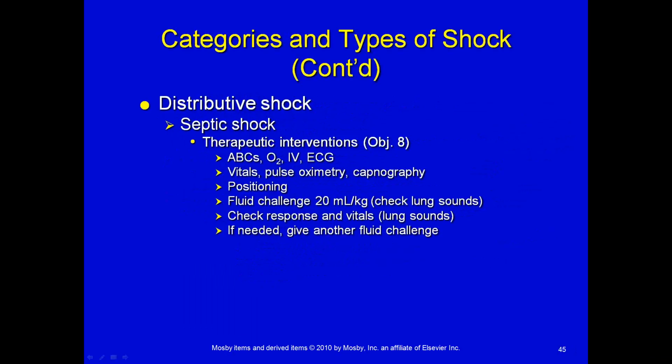It's called third spacing. So now your bucket that is twice as big and is half as full is now full of holes. And we see that in the late stages of sepsis, and we also see it evident by rashes like petechiae and purpura.